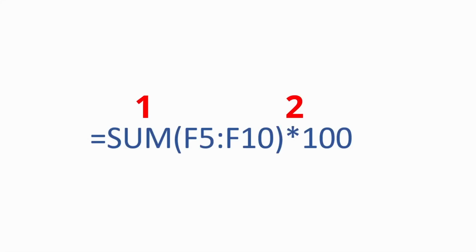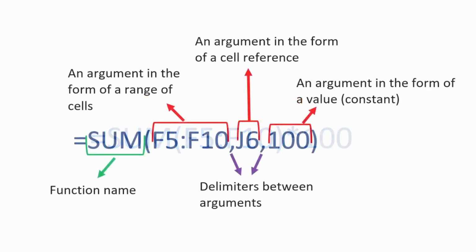Therefore, despite the commonly accepted definition calling an Excel function a special formula, I'd prefer to call it an element of the formula. As shown in the example, the function is not the formula itself, but just one of its elements. Moreover, a single formula can contain several different functions. But we won't get ahead of ourselves just yet. Got it? Then let's continue.